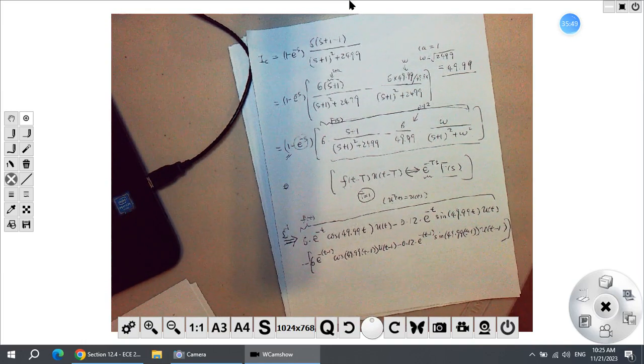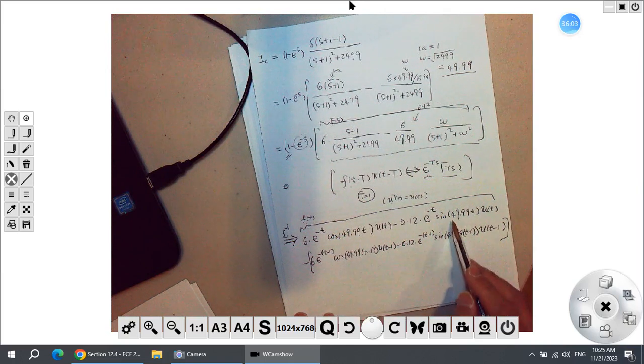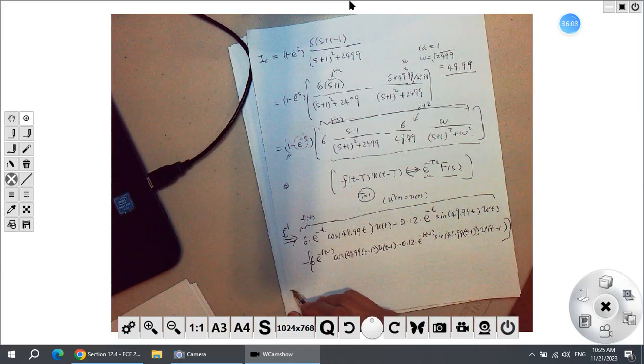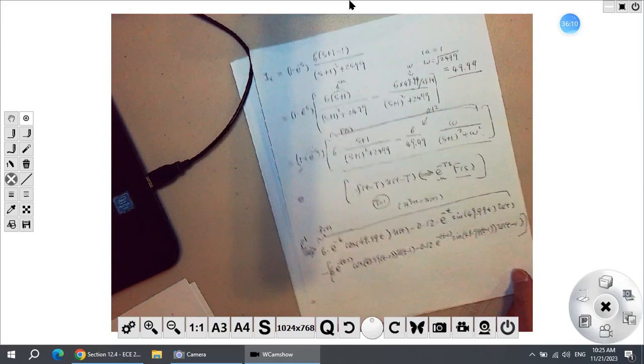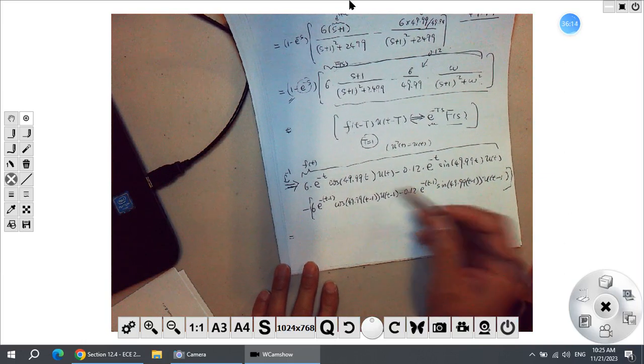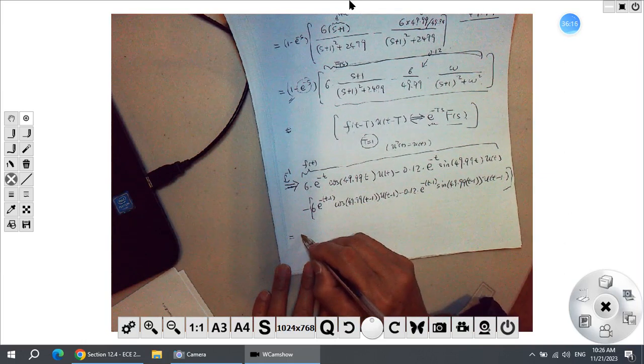And can we do some simplification? Yeah, this one both contain 49 cosine, so I can put these 2 together, and the coefficient is different. And this one I move them, different in coefficient. I move this one out. I have cosine.